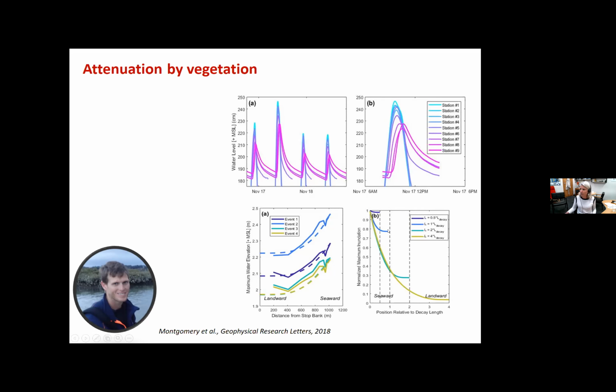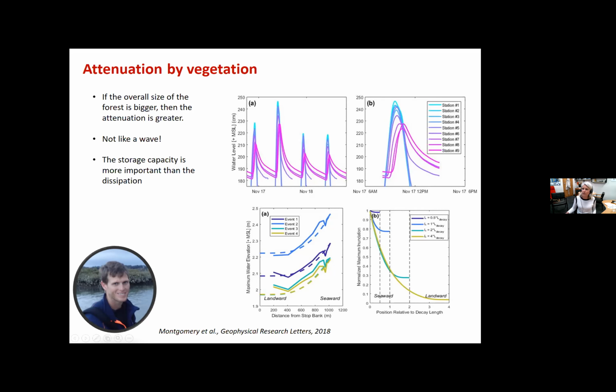And then he made a bigger one and a bigger and bigger one. And the interesting thing is all these 4 cases have exactly the same amount of friction, but different amounts of intertidal storage. And he could show that the intertidal storage was much more important than the actual density of the vegetation in determining how much that tidal wave diminished.